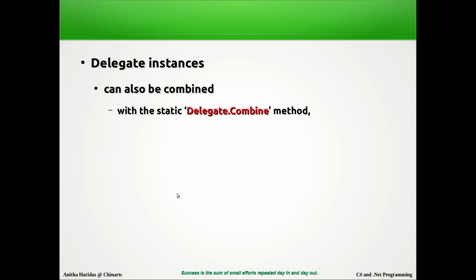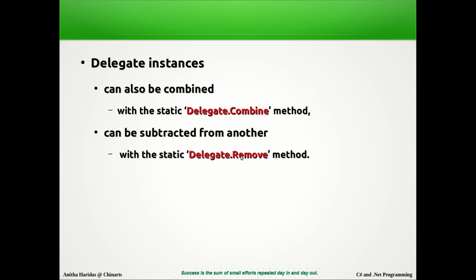Now the delegate instances can also be combined using Delegate.Combine. In the demo program we have seen the delegates combined using the plus operator. The same can also be done using the Delegate.Combine method, or if you want to remove anything from another, you can use Delegate.Remove, which is done indirectly by your minus operator.